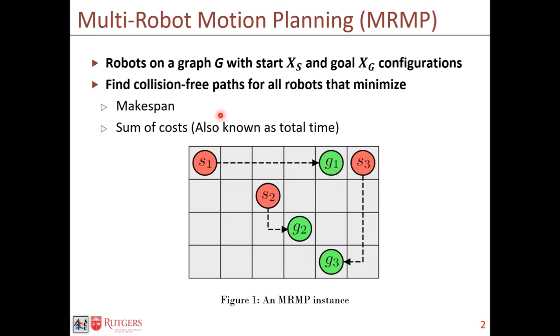We consider two objectives to minimize respectively. The first one is max span, which is the time for all robots to reach the goal vertices. The second one is sum of costs, which is a cumulative cost function that sums over all robots the number of time steps required to reach the goal.